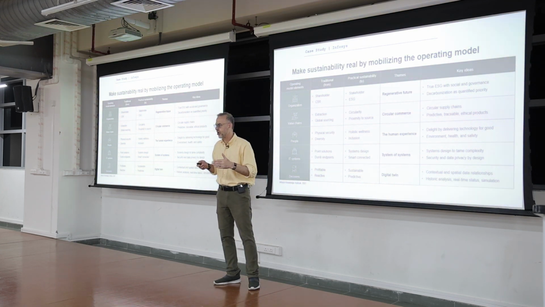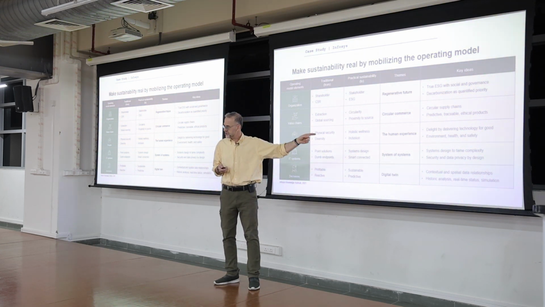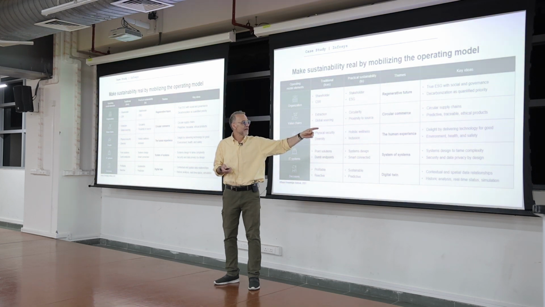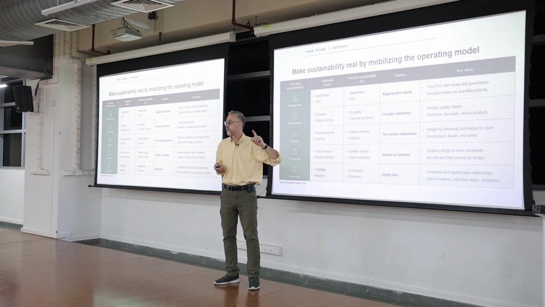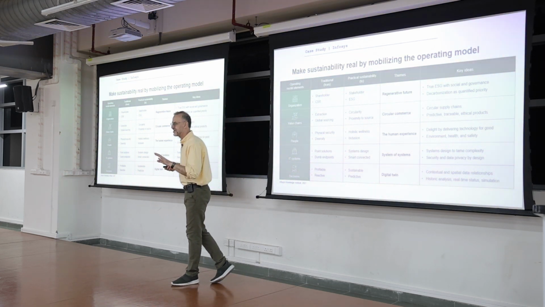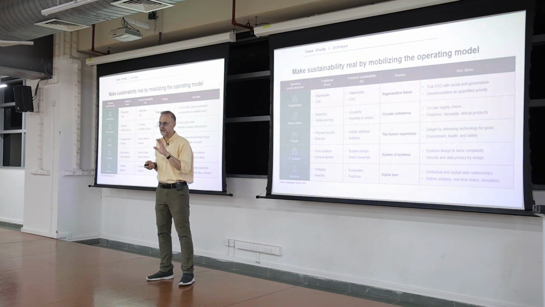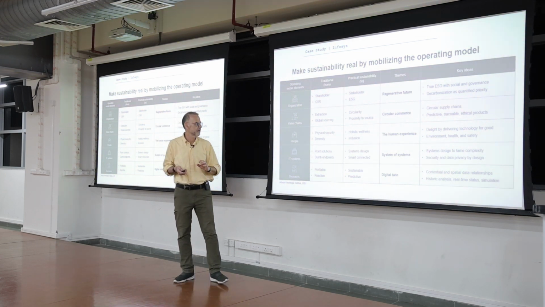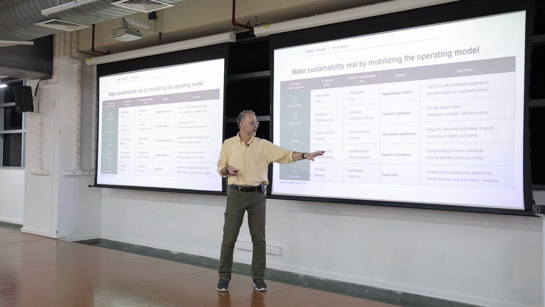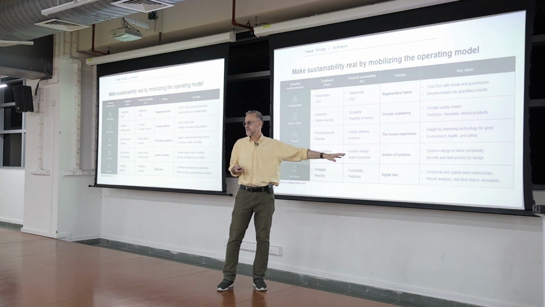It is a priority to decarbonize. You have circular supply chains, and you have predictive, traceable, ethical points that you're doing. You actually have a human experience that people want to do this. They make the choice. It's not just forced upon them, because if they're not bought into it, they're not going to stick with it. And it deals with environmental health and safety, systems of systems.